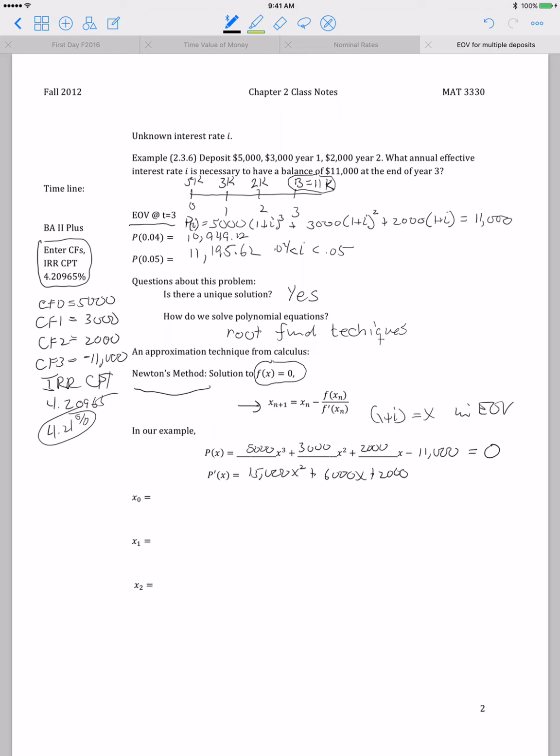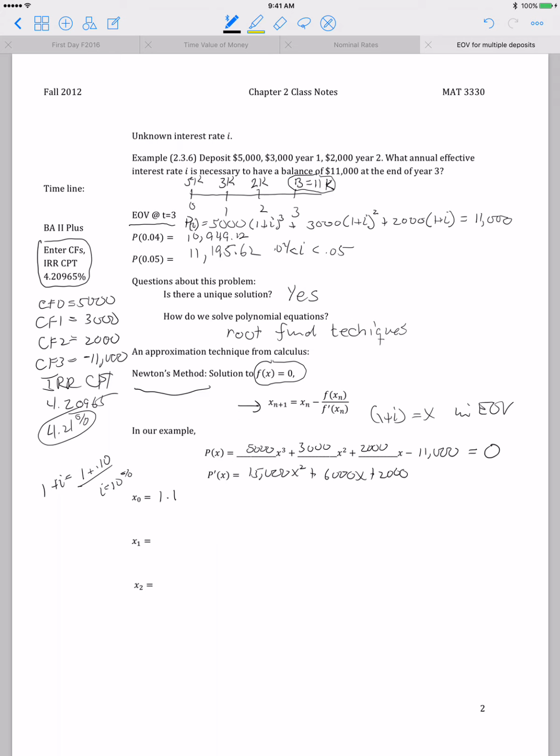Now with Newton's method we have an initial guess, and so x is 1 plus I, so if I think the interest rate is somewhere close to 10%, then my first guess is going to be x naught equal to 1.1, or 1 plus the interest rate, because 1 plus I is the variable.